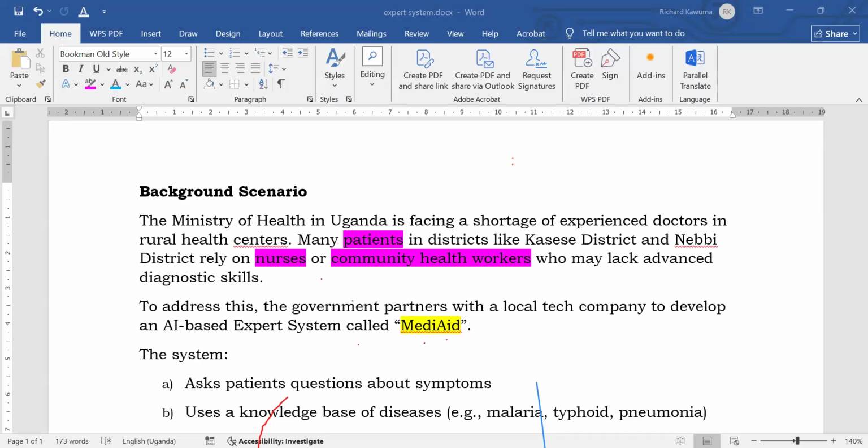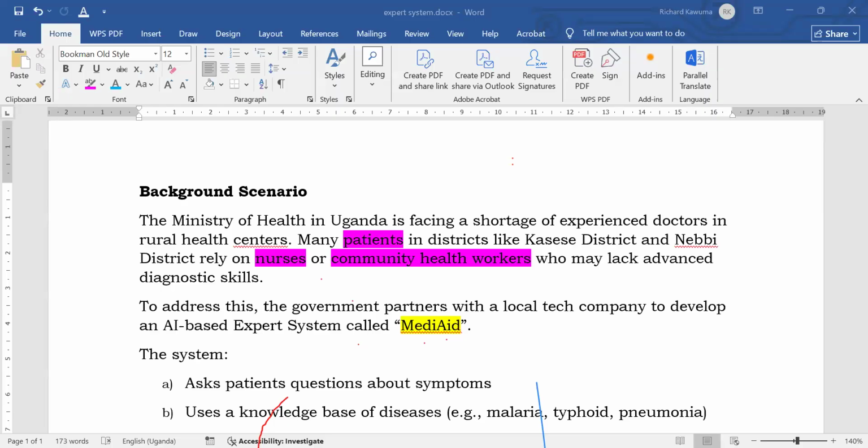So going back to our explanation, which we talked about earlier on, the Med-Aid system we are creating should be able to ask questions like, do you have fever? So this system should be able to interact with this patient and ask, do you have a fever? To probe further, the probing which we talked about.